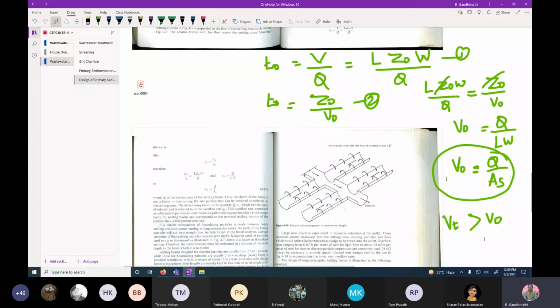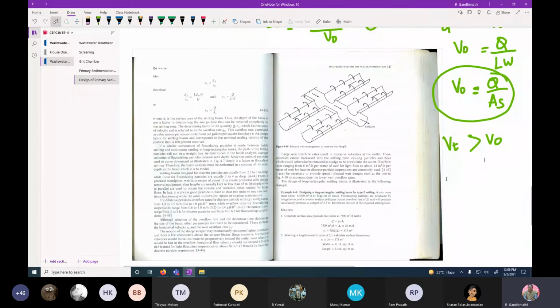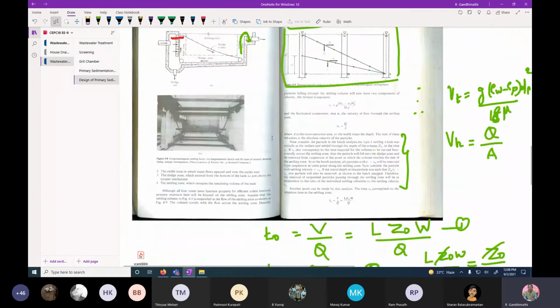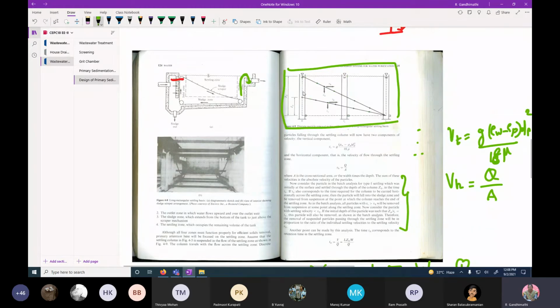Yes, sir. Now what you have to do is find out the performance of the system. If the particles have velocity greater than V0, they will definitely be removed, meaning they settle at the bottom. If the Vt is less than V0, the particle will also be removed if it enters at some other height. That's why they have explained this concept with two positions.